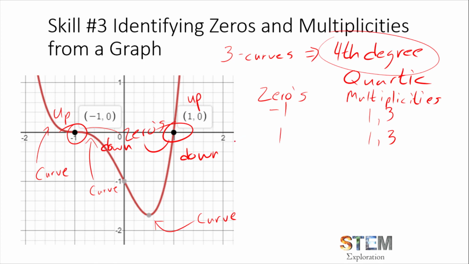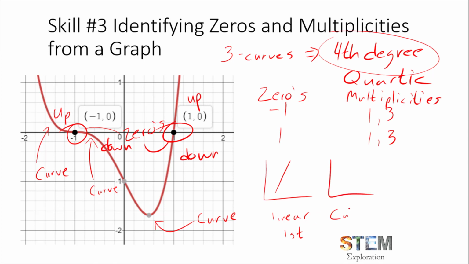Now we have to decide which one has a multiplicity of 3 and which one has a multiplicity of 1. If you remember back from the polynomial behavior video that we did, we talked about a linear function looking like this. This is what a linear, or first power, or first multiplicity root looks like.